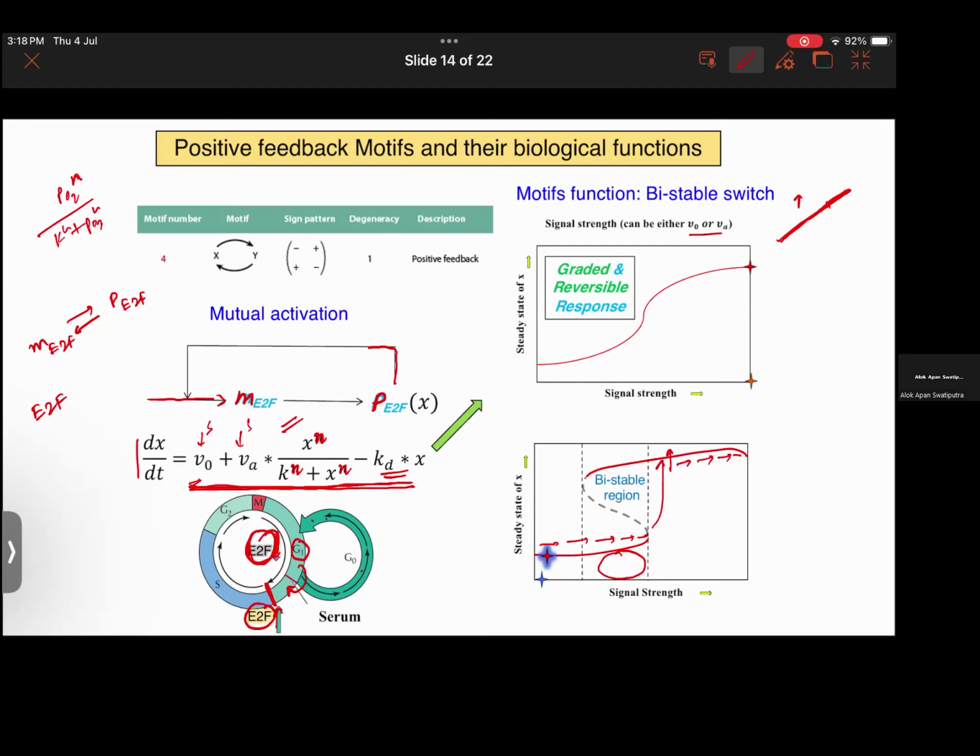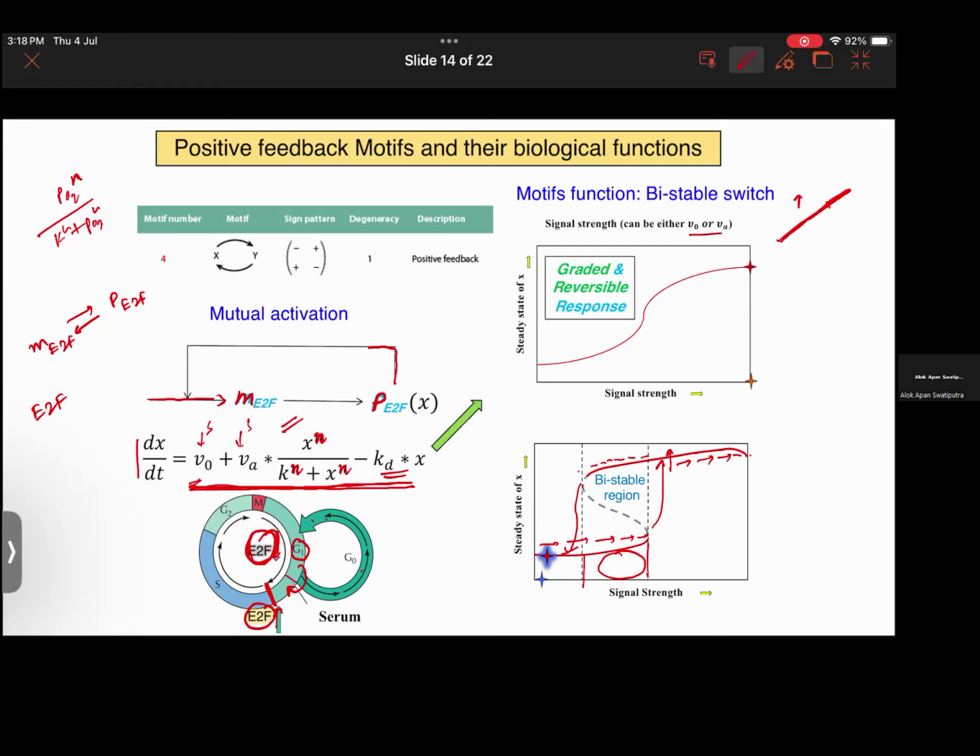And when it's in the higher level, it will come back here, to a much lower point. Then it will transit to the lower level. And the intermediate region is bistable.